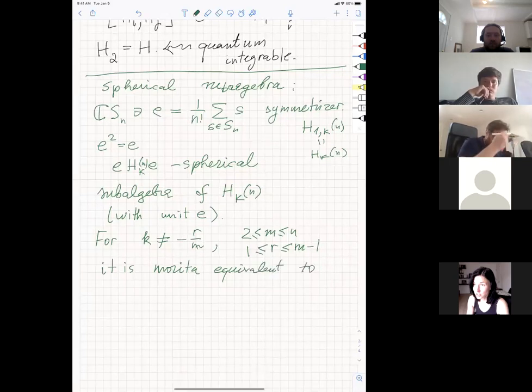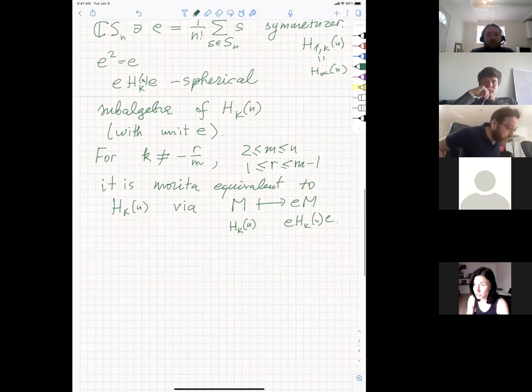So the module categories are equivalent. So the category of modules M over HK of n goes to EM over EHKE. So there is a simple correspondence between modules. This functor exists, of course, also at the special values, but at those values, sometimes you can have a non-zero module M such that EM is 0. And so this functor is not an equivalence between representations.